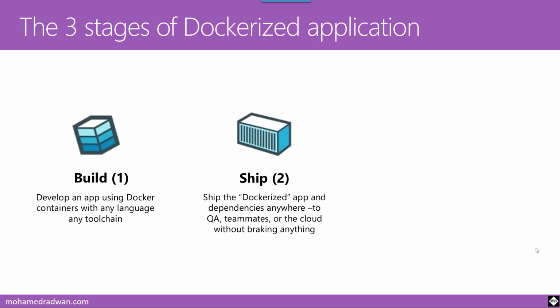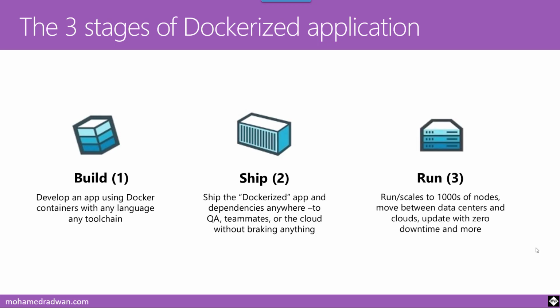I can ship that anywhere: a testing environment, pre-production, production, cloud, virtual machine, physical machine, and several operating systems as we explained before. It could be Windows, macOS, or even a Raspberry Pi. And I'm sure it will work the same without breaking anything.